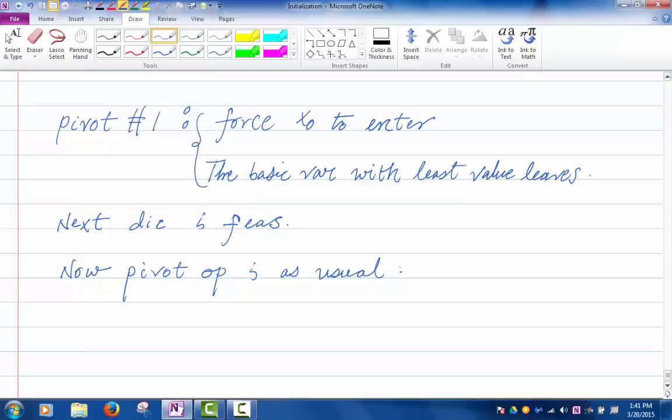Once you have the, can someone phrase that? Once you have the leaving variable, what is it that you need to do?